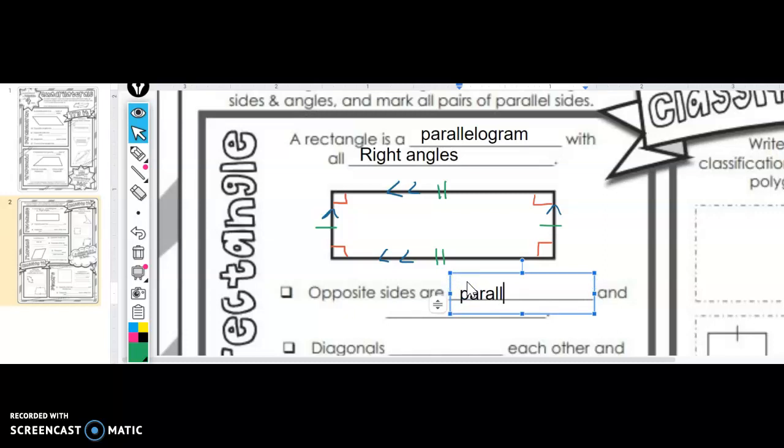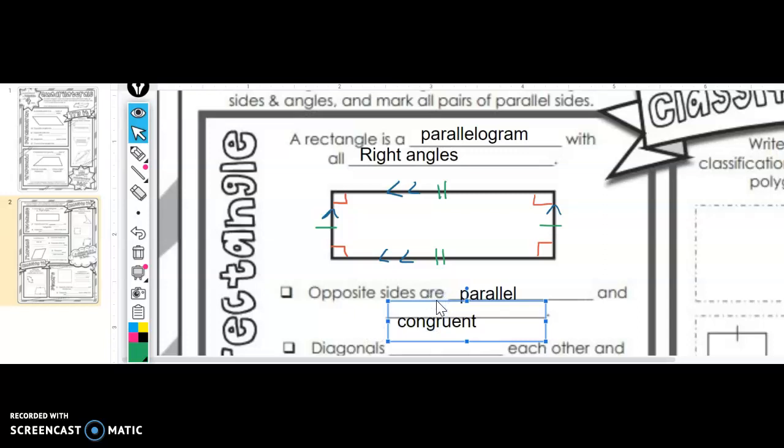They are parallel and congruent, meaning they are equal. And you can move it up to fill in the line. Diagonals bisect each other.